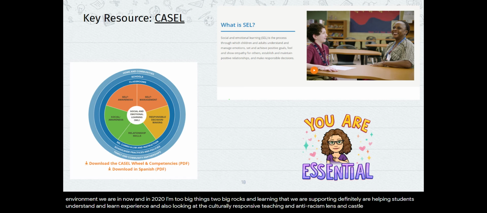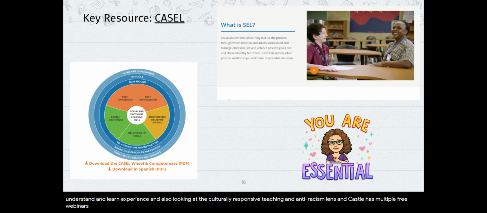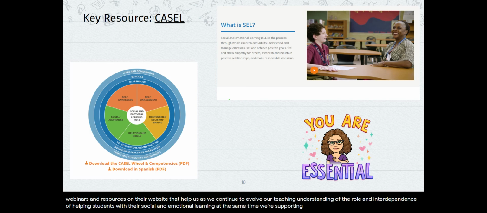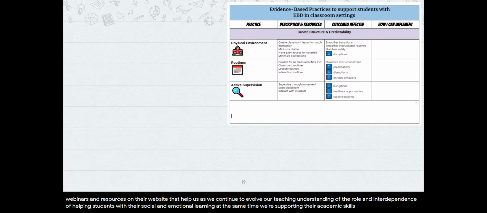And CASEL has multiple free webinars and resources on their website that help us as we continue to evolve our understanding of the role and interdependence of helping students with their social and emotional learning at the same time we're supporting their academic skills.